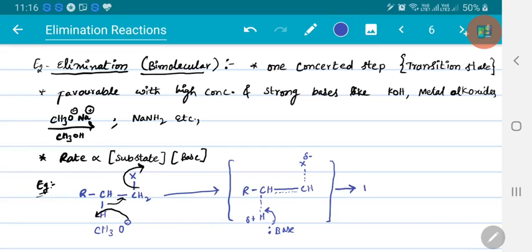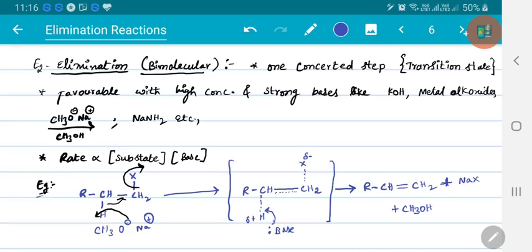Now this leads to product formation, therefore you will get R, CH, double bond CH2, plus, if you are taking CH3O minus Na plus, you will get NaX, and CH3O minus is abstracting hydrogen, so this leads to formation of CH3OH.